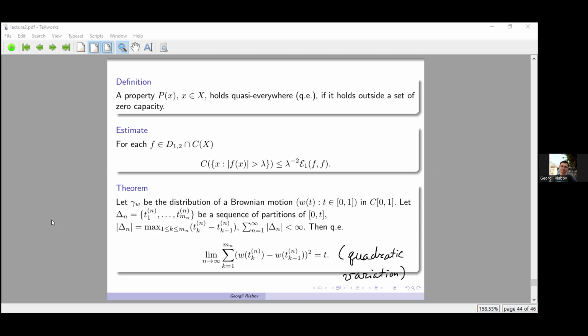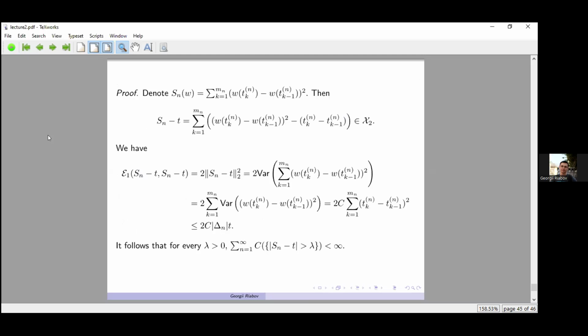So now let's check this property. Let S_n be the sum of squares of increments of the Brownian motion. And let's look at the difference between S_n and t.